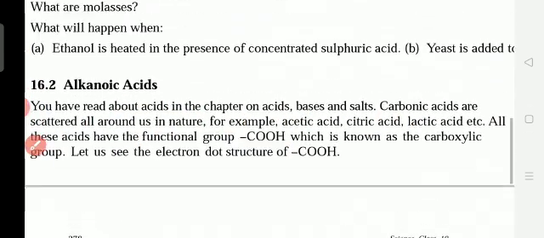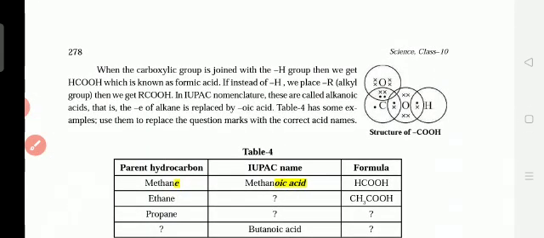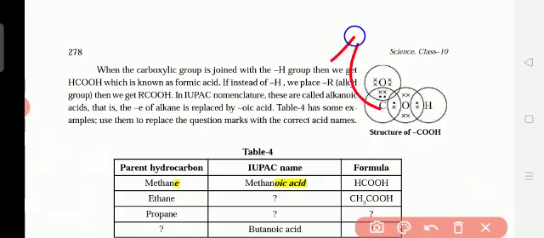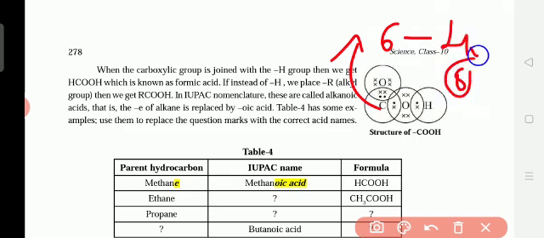So underline what is carboxylic acid. So COOH, the carbon atomic number is how much? The carbon atomic number is 6. So what are the valence electrons? 4. But how much should be there? 8 should be there, but only 4 are there. Understand? So here you see carbon.